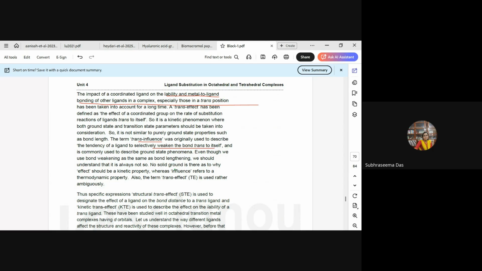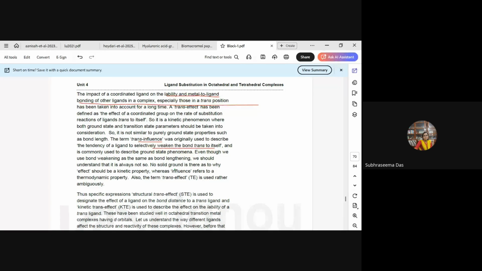Even though we use bond weakening the same as bond lengthening, we should understand that it is not always the same. So there is no solid ground as to why effect should be a kinetic property, whereas influence should be a thermodynamic property.